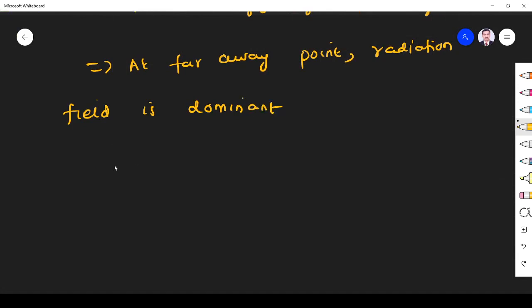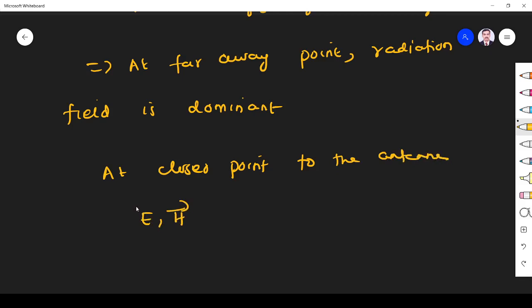And moreover, at a point closer to the antenna, the electric field and magnetic field are dominant. That is another important thing we must know. Fine. One more point: we know H has only one component, H phi.